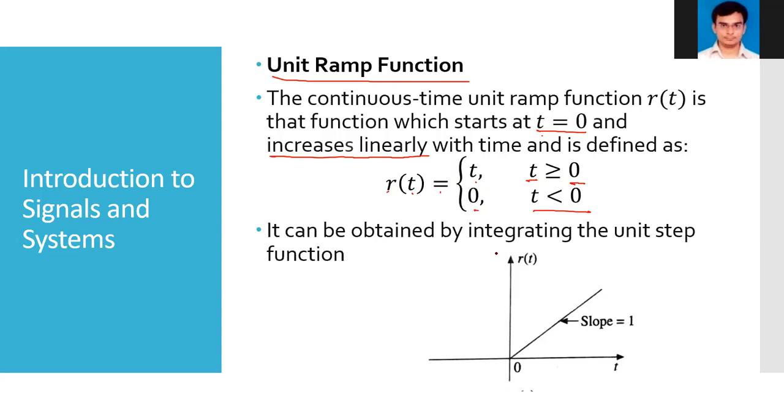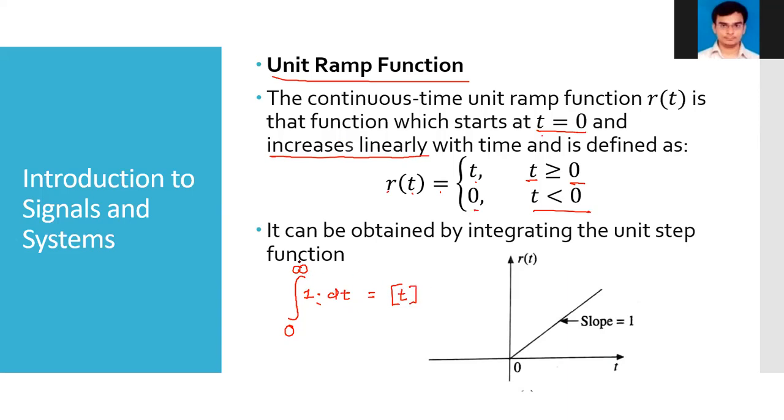Okay? And if you integrate the unit step function, then you will obtain the ramp function. It's very simple. You have the integral from 0 to infinity of 1, where 1 is the unit step function, dt. So obviously, the output of 1 into dt will be t.